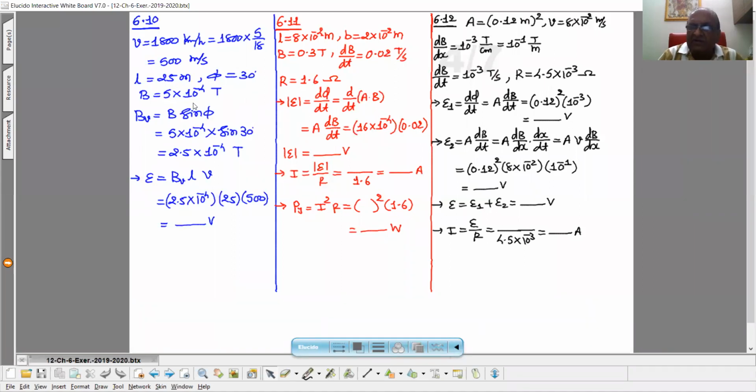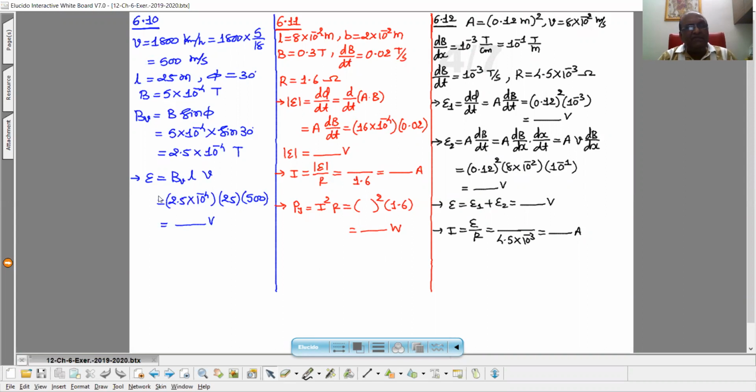Magnetic field of Earth is 5 into 10 raised to minus 4 Tesla. Now the vertical component of Earth's magnetic field is B sine phi. B is 5 into 10 raised to minus 4, sine phi is sine 30. You will get the answer for BV, that is this much.